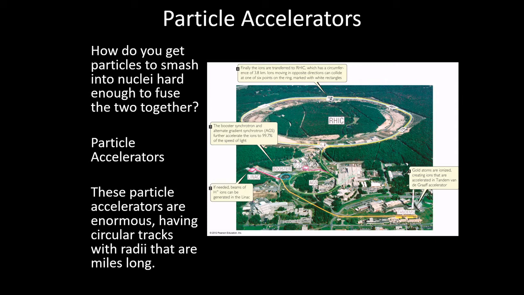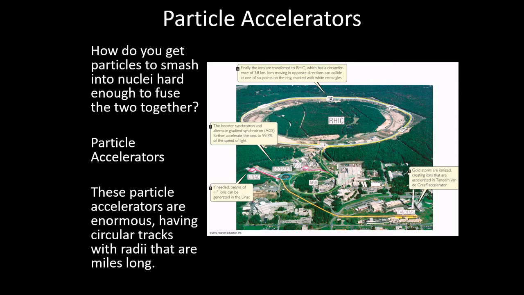And so these things are just absolutely ginormous constructions. They can have radii that are miles long. So you can see there's a forest in the middle of this accelerator. And not just is it amazing because of its size, it's amazing because of the absolute precision that has to be used in building these things.